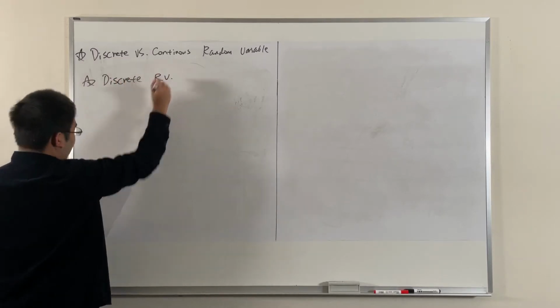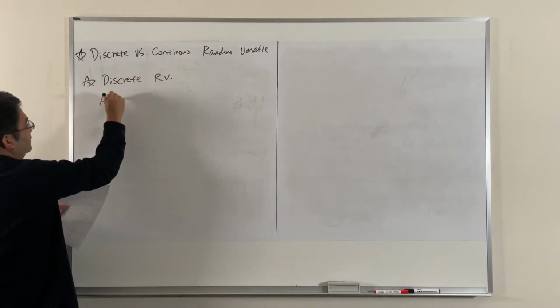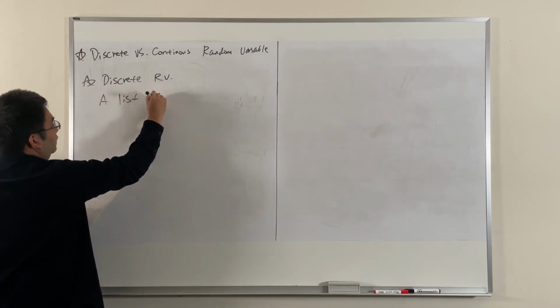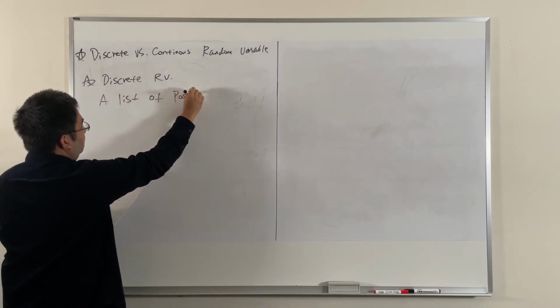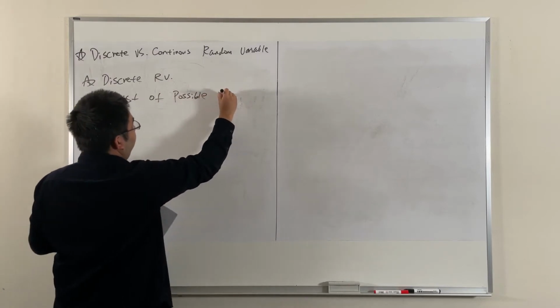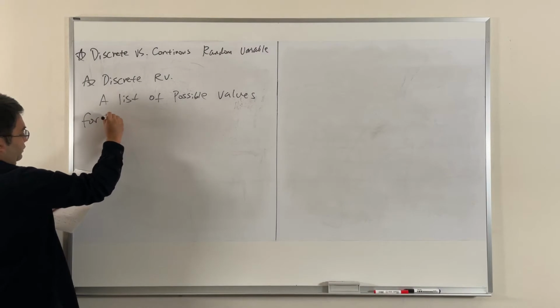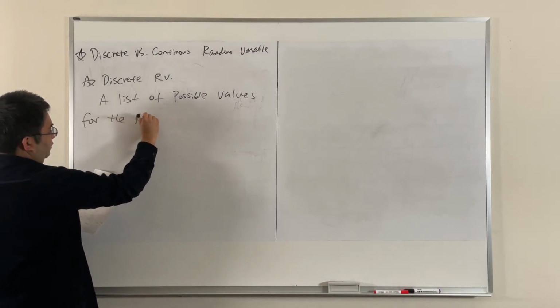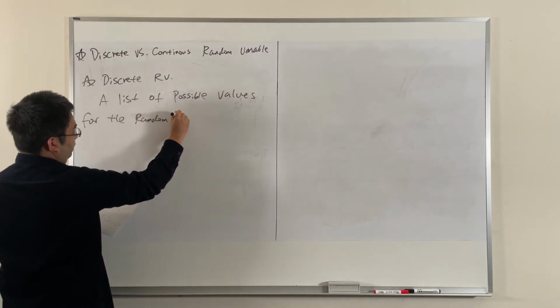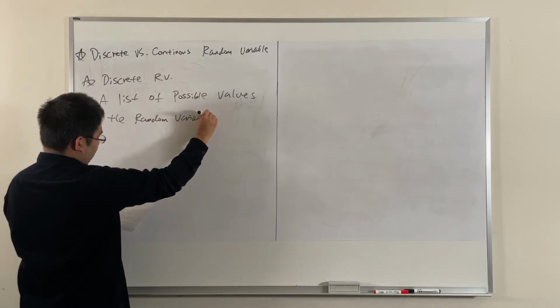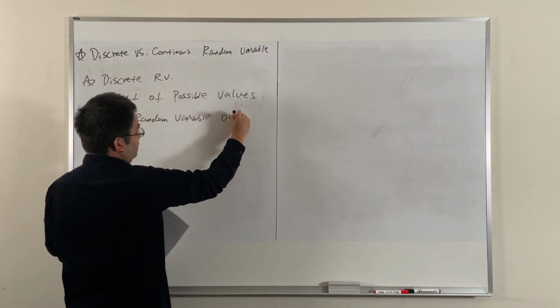random variable. Okay, so by definition, it's a list of possible values for the random variable. Outcomes.